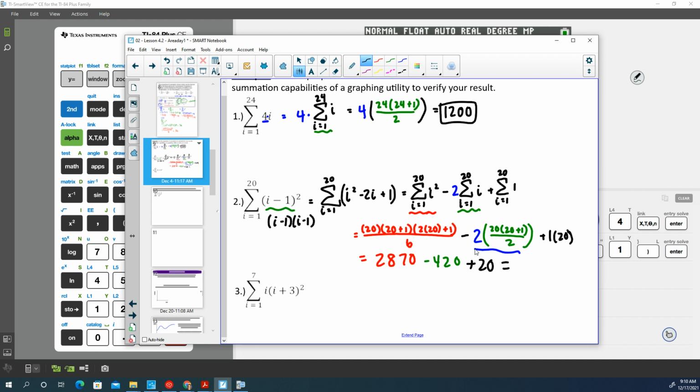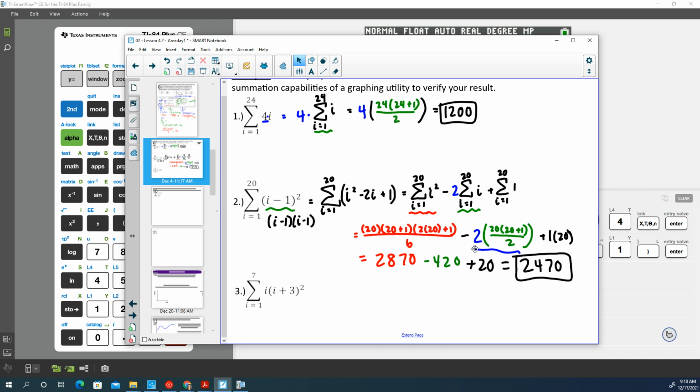Okay, this is what I got. 2,470. Oh yeah, duh. You could do minus 420 plus 20 is minus 400, minus 400 from that. Okay, that's probably how I type it in my calculator.